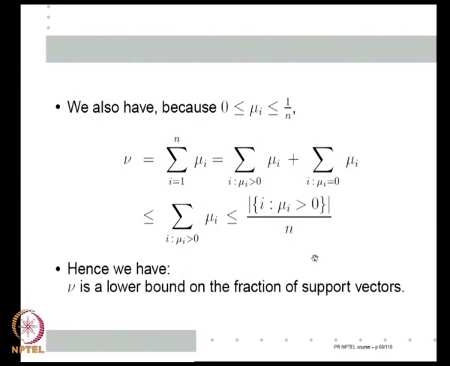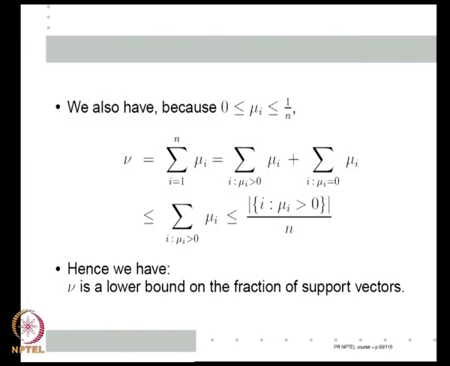So, nu is a lower bound on the fraction of support vectors, that is nu is always less than or equal to the fraction of support vectors. So, if I choose nu to be 0.1, I am asking the optimization, I formulate the optimal problem such that at the optimum point, the fraction of support vectors should be at least 10% and the number of margin errors have to be at most 10%.